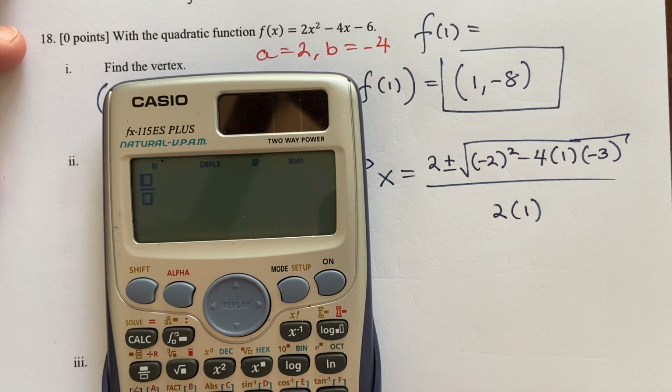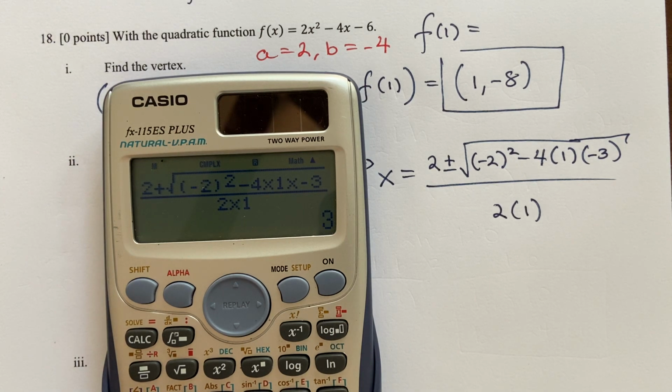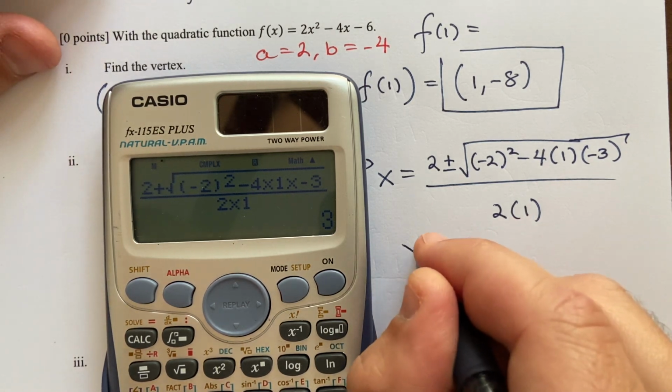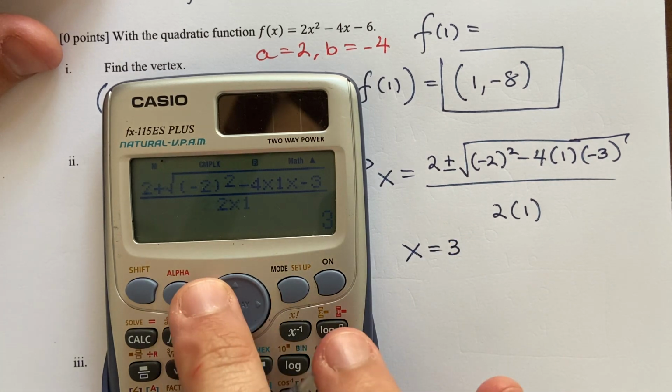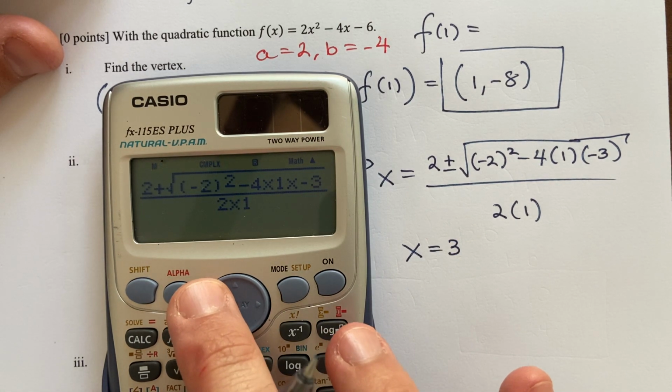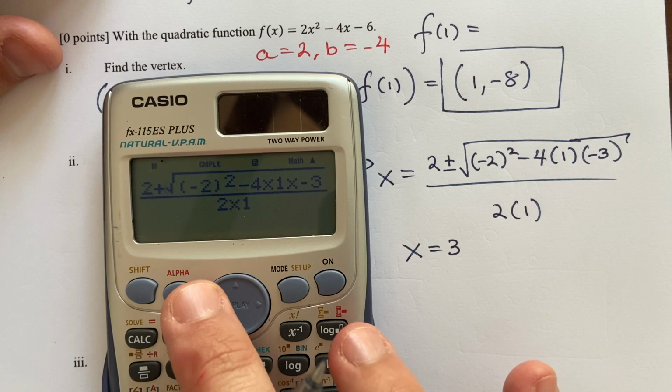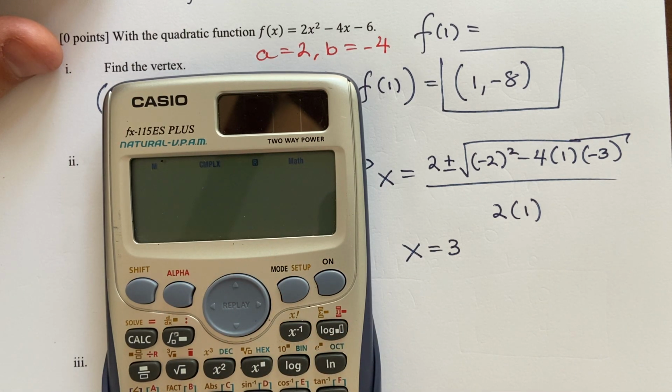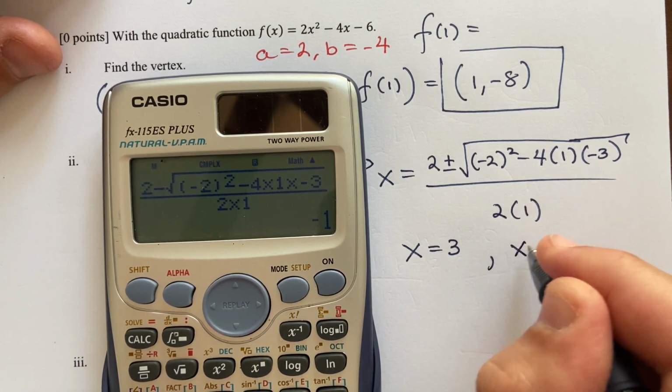Calculator. So I'm getting a 3 for the plus case. And then scroll back left, negative 1.